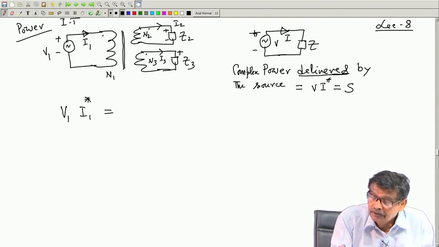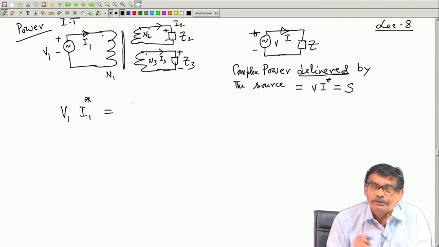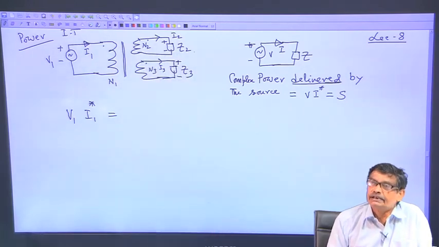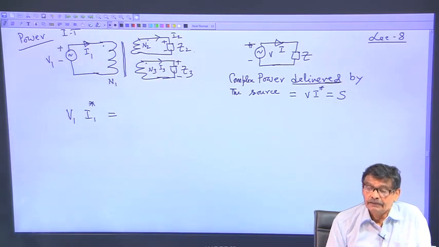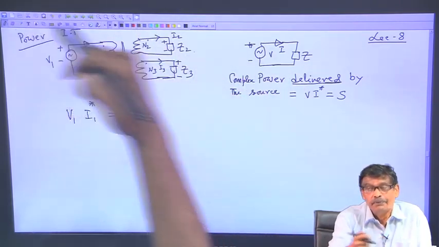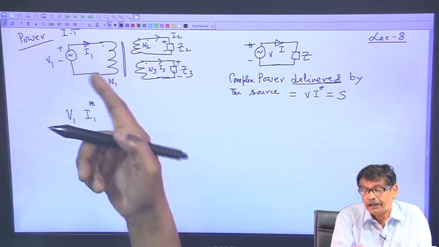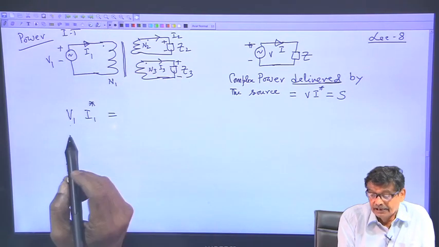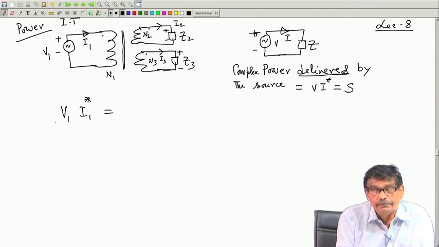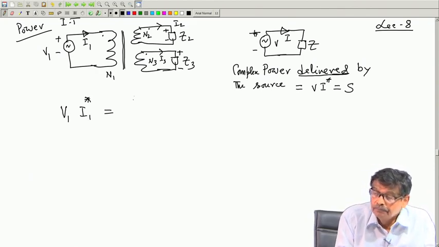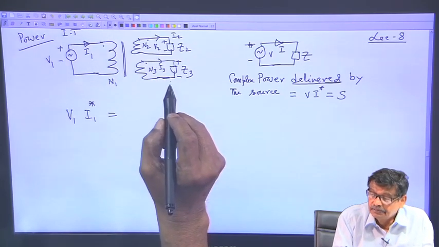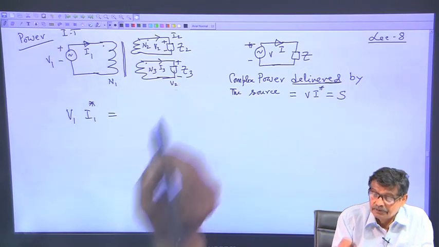Similarly, the voltage drop across Z 3 is I 3 Z 3, upper one plus, lower one minus, and through the dots current comes out, that is the way you assume in a transformer. So, that MMF will be compensated by the current drawn by the primary through the dot, that is the whole implication. But what I am telling is, this must be true: V 1 I 1 star must be equal to the following. Suppose this voltage is V 2, upper one plus, lower one minus.